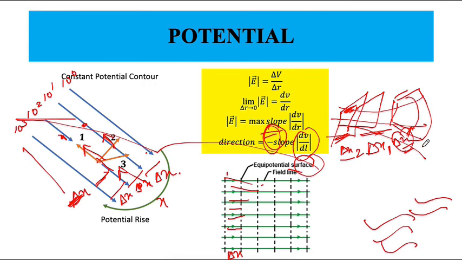However, if you move in a weaker electric field, you will not get it over that distance, so you have to move a larger distance in a weaker field in order to get the same potential difference. And that's how the potential contours or potential surfaces will also start changing. They should also start spreading apart.